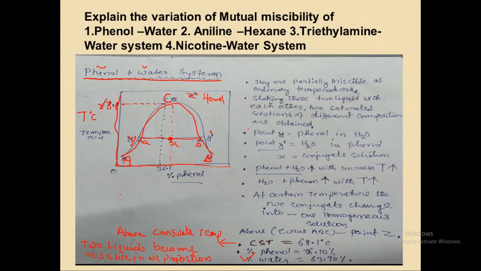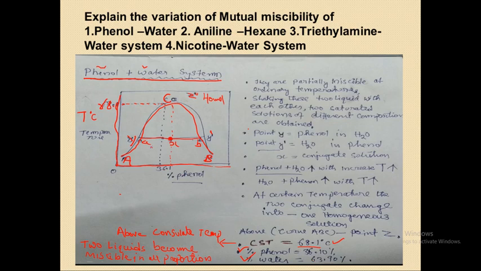So it has been found that the critical solution temperature is 68.1 degrees Celsius, and the percentage of phenol is 36.1, water is 63.90.